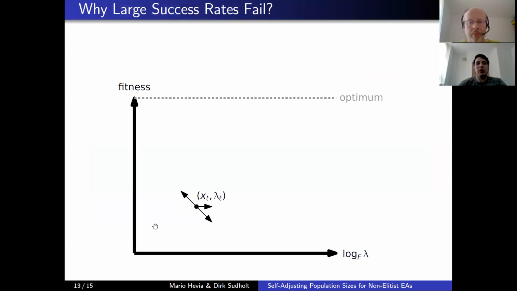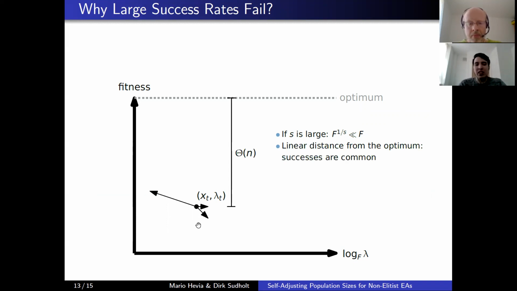And why do those large success rates fail? Coming back to the figure that we had before, where we have the state of the algorithm and the three possible options. If S is large, then F to the 1 over S is much smaller than F, which means that in a successful generation, you will decrease lambda significantly, and in an unsuccessful generation, you will increase it just by a small amount.